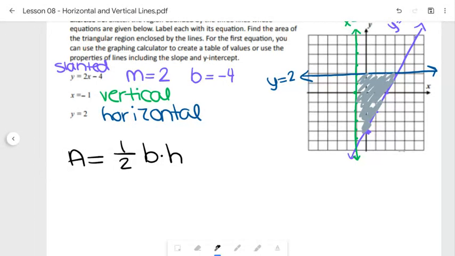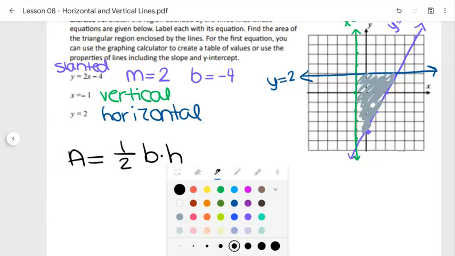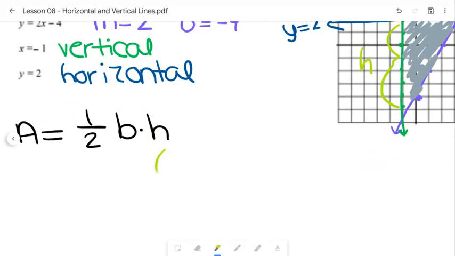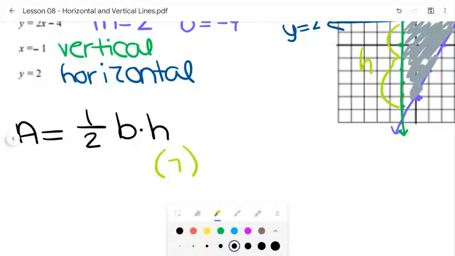So what I'm going to do here is this piece, that's going to be my height. That's how big this is, right? So that's my height, and I'm counting the amount of boxes there. So I'd have 1, 2, 3, 4, 5, 6, 7. So 7 is the height.